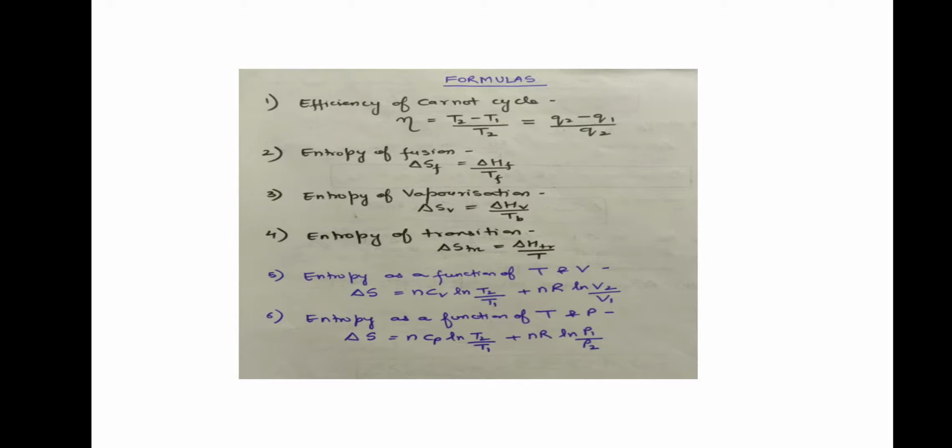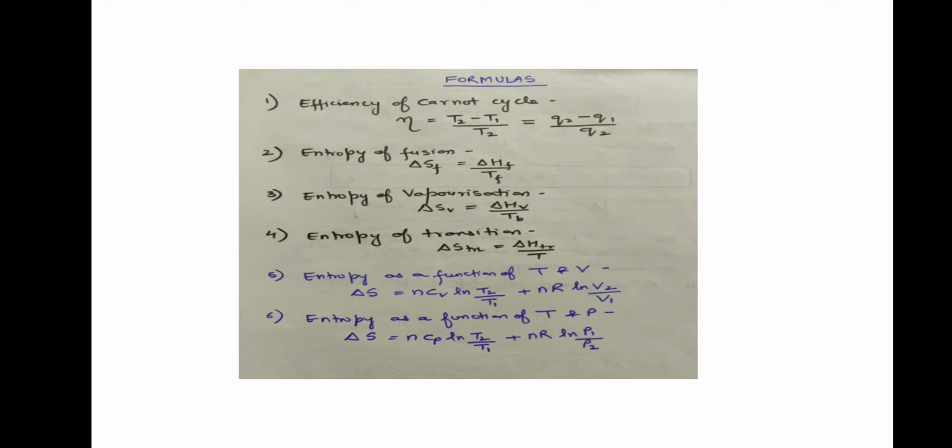Next, entropy of transition. So delta S transition is equals to delta H transition divided by the temperature T. T is the transition temperature. Entropy as a function of temperature and volume. So for the N moles, the delta S entropy change is N Cv ln T2 by T1 plus N R ln V2 by V1, where Cv is your heat capacity at constant volume.